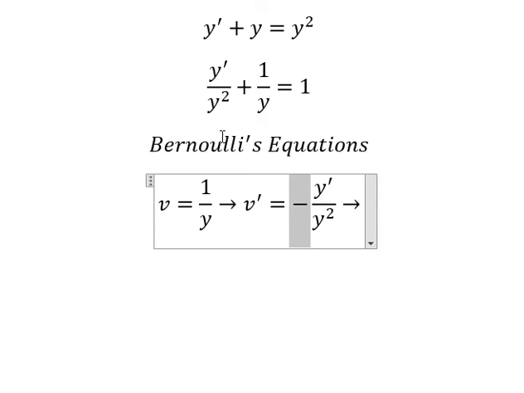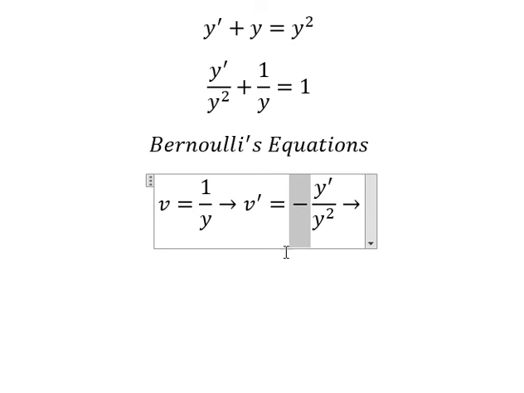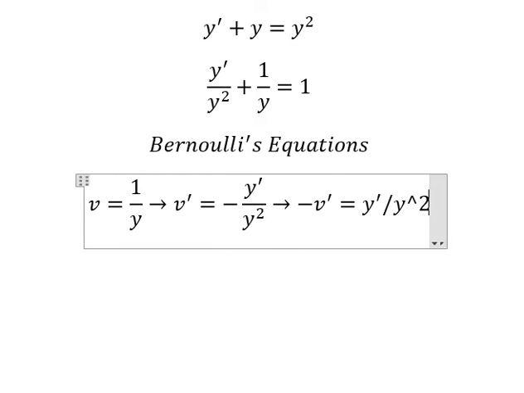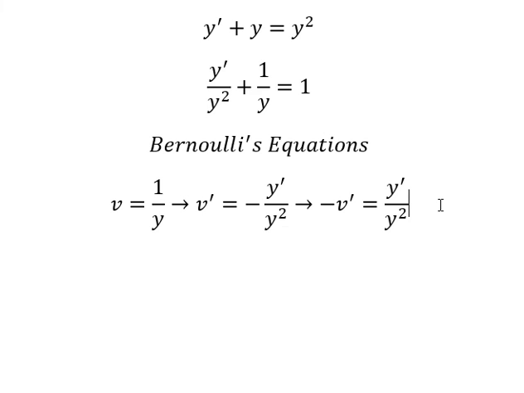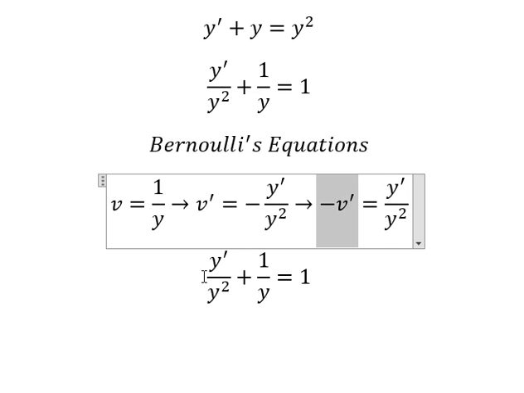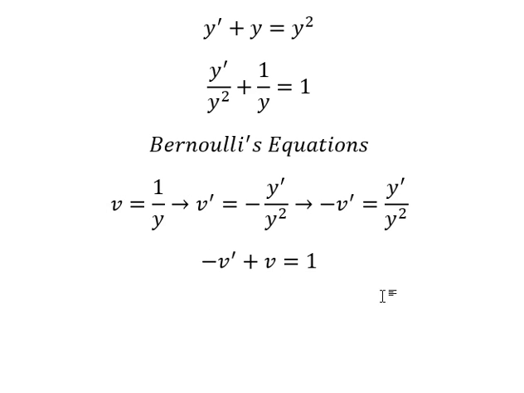Because we don't have the negative sign in here, I will put this one to the left. So this one I will put in here. This one we change by v.